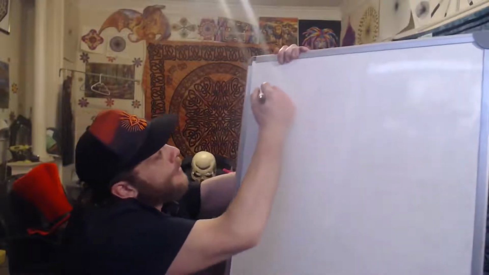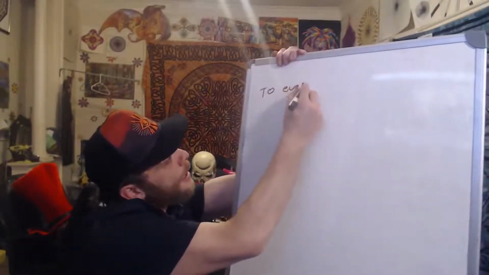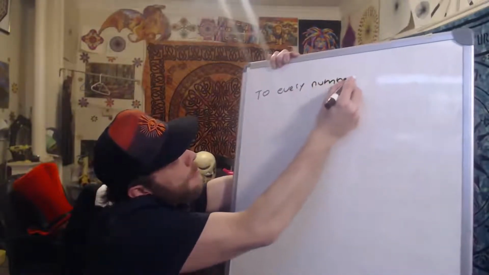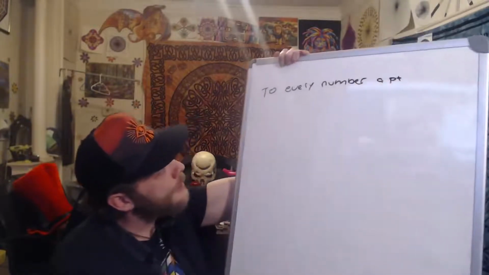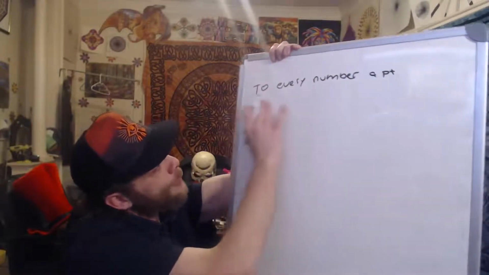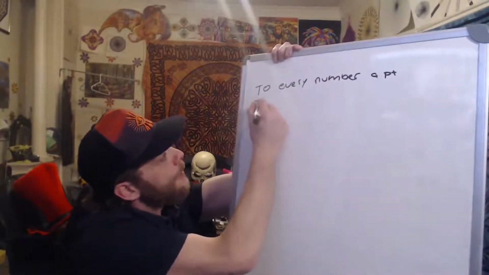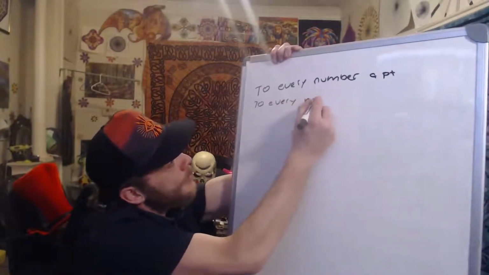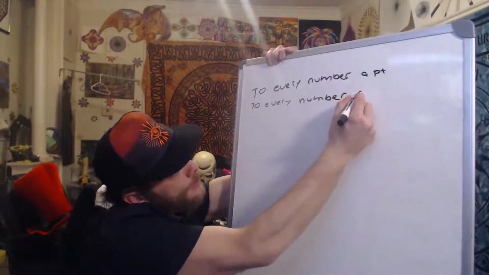And how about this? To every number, a point. So if to every number is a point, then to every number is shape.